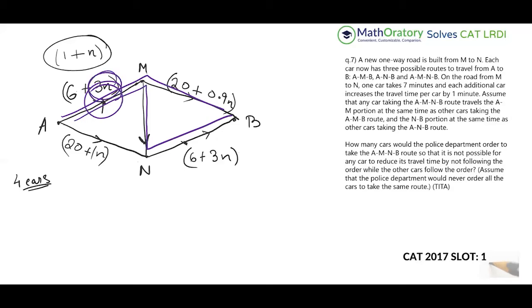So this increase will affect these 2 cars, but it won't increase the time of this car here, or let's say this car here. So that has to be taken into consideration, I believe.